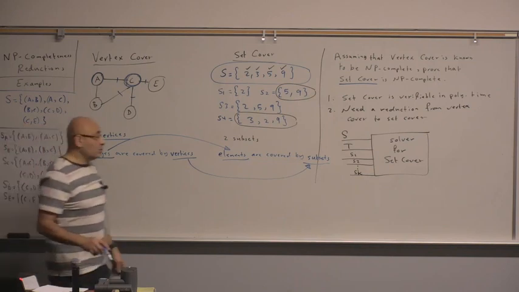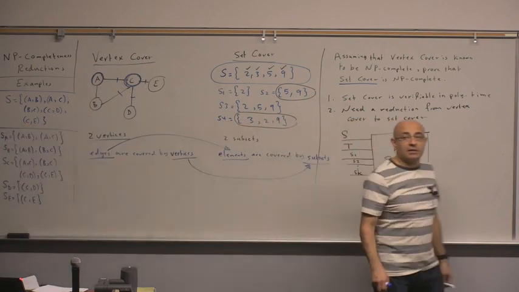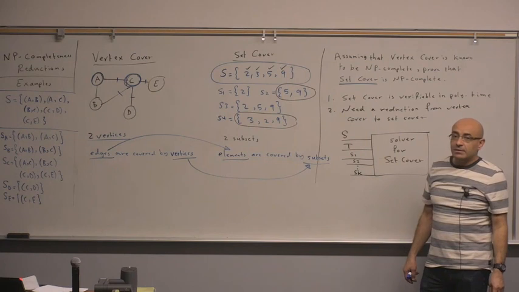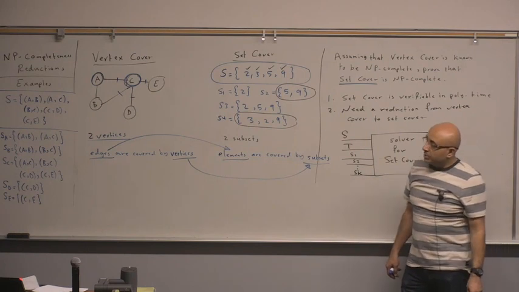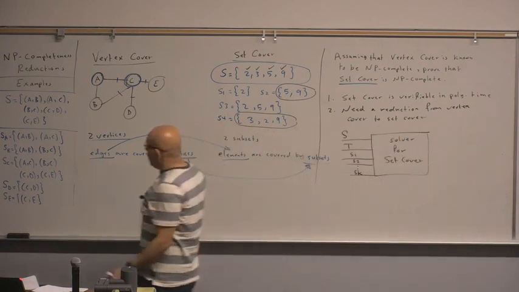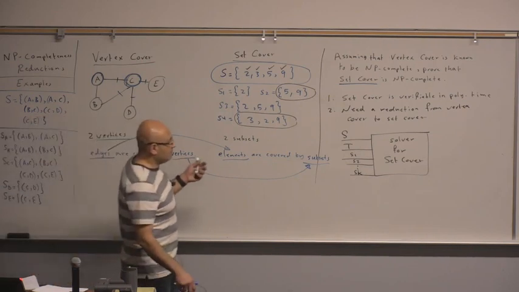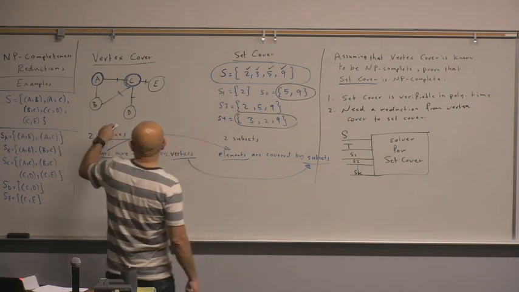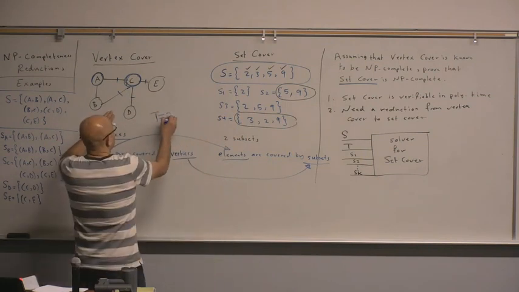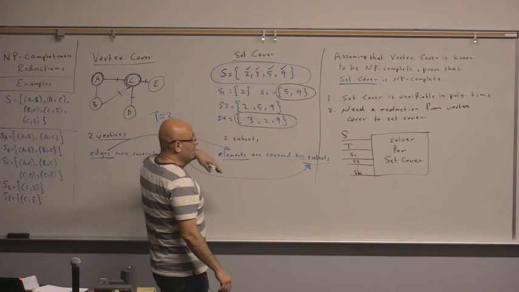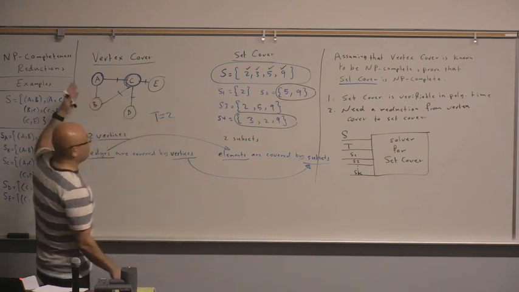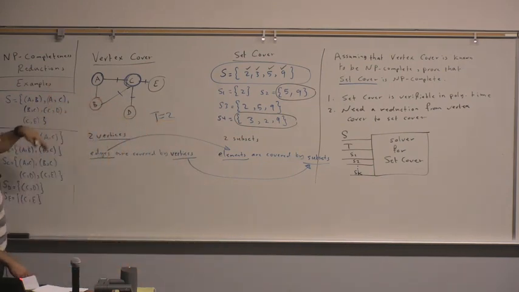Do you see the mapping from vertex cover to set cover? This is how we map the problem. Now we input this into a set cover solver, and we give it a target T. The target is going to be the same. If we are looking for T equals 2, then the number of subsets is equal to the number of vertices needed to cover the edges.